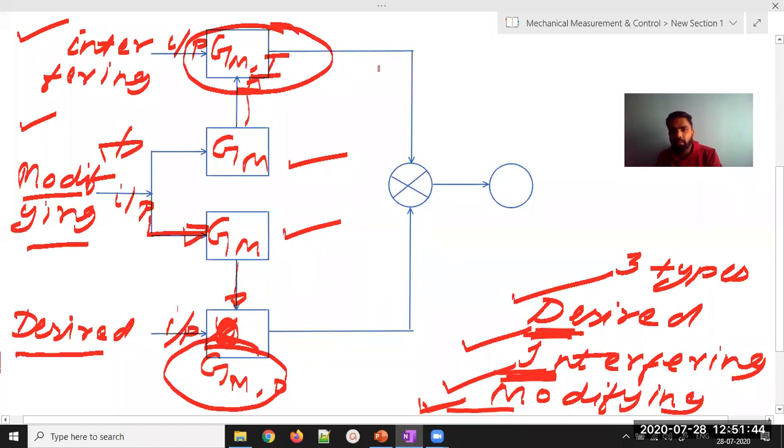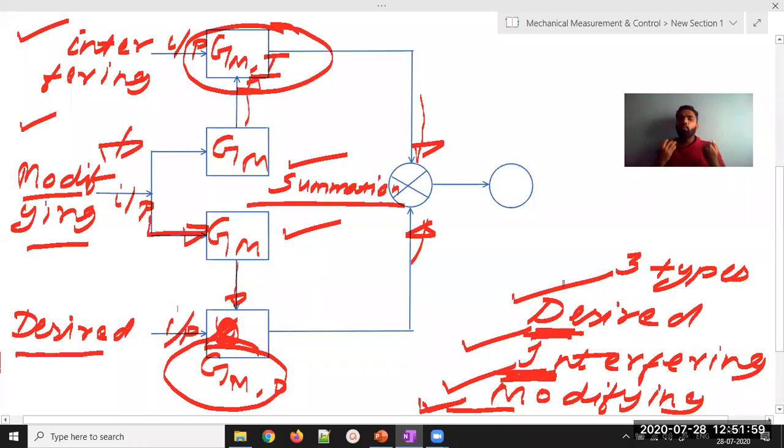Now both signals will go to a summation block where my signals will add. Don't worry about the summation block, you will understand it later. There were three types of signal. Modifying has given its characteristics to interference as well as desired.